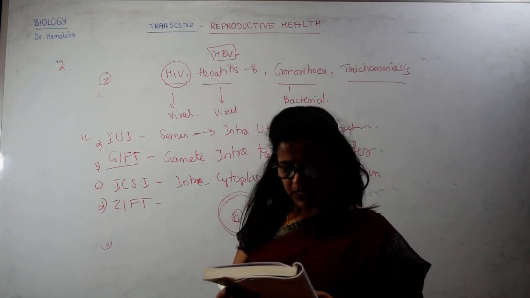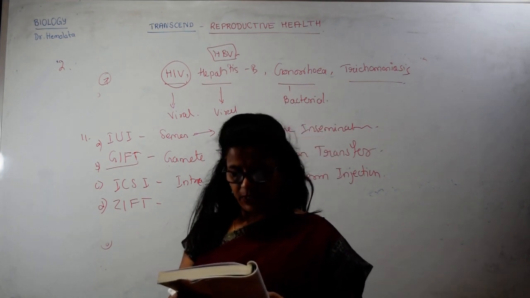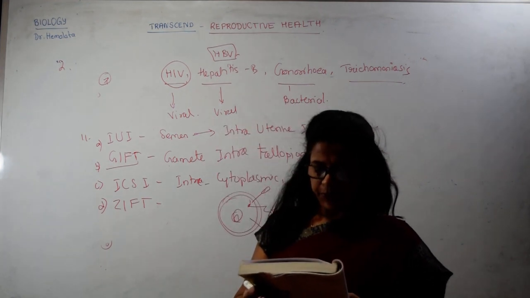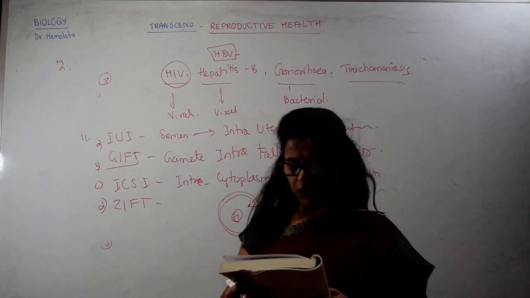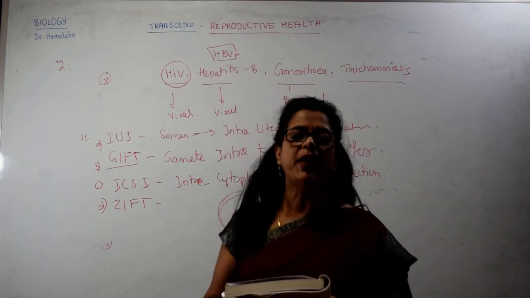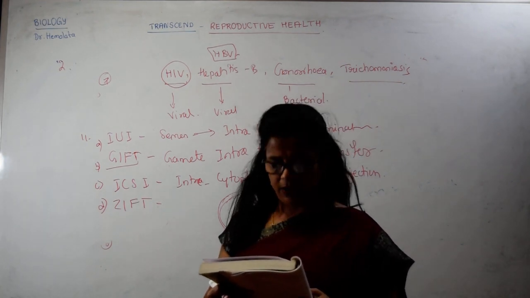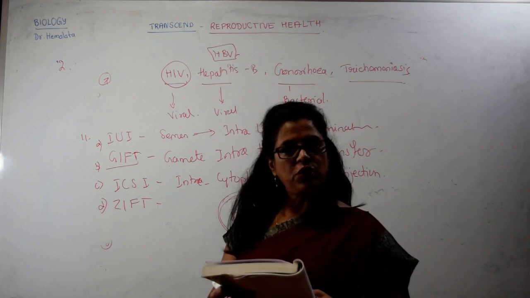Therefore, tubectomy is not making the uterus unsuitable for implantation. If the mode of action is making the uterus unsuitable for implantation, then it should be IUD. But they have given it as tubectomy, so the first option is wrong.